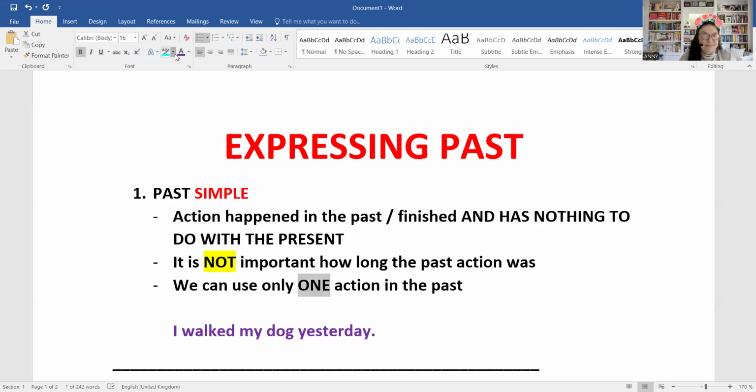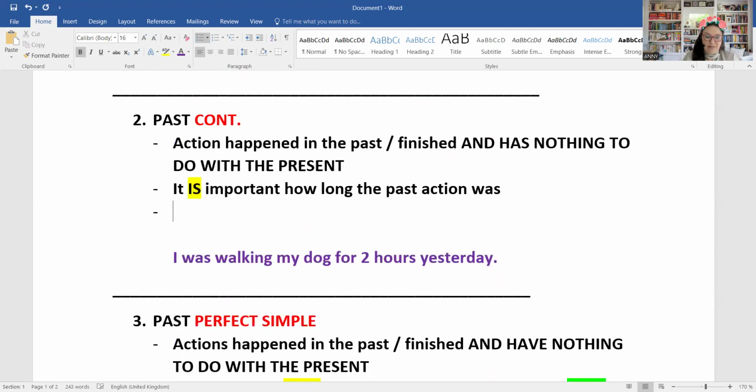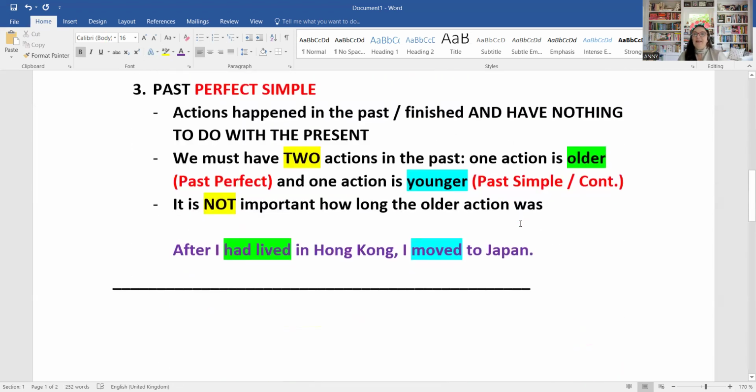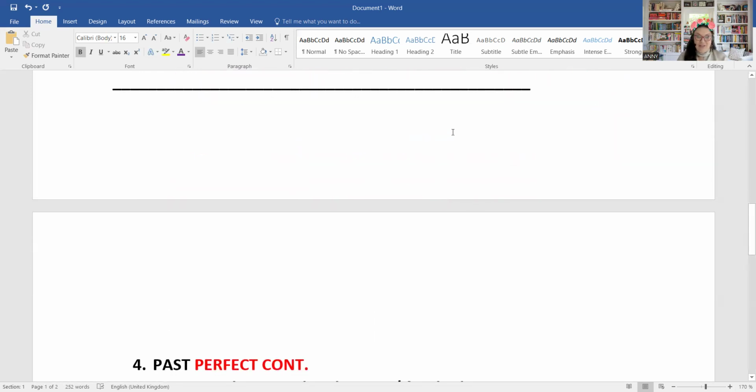And the same goes for past continuous as well. We can use only one action in the past. But for past perfect simple and past perfect continuous, that is not possible. We must have two actions in the past.